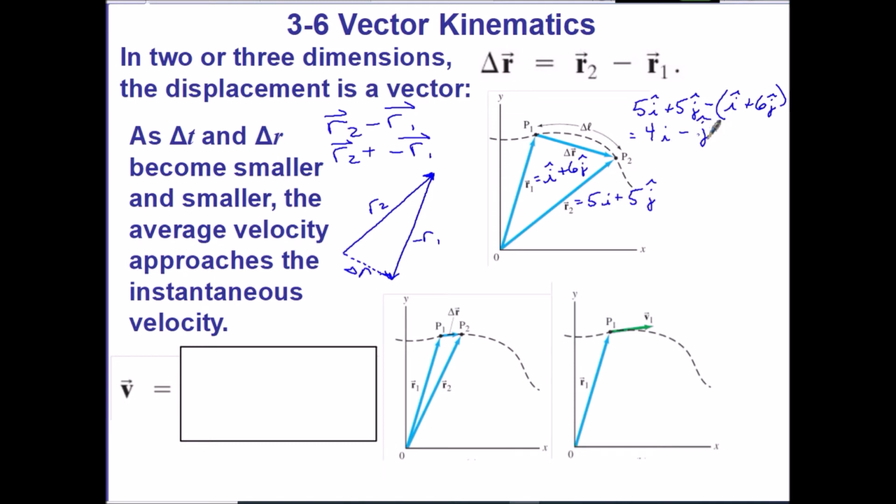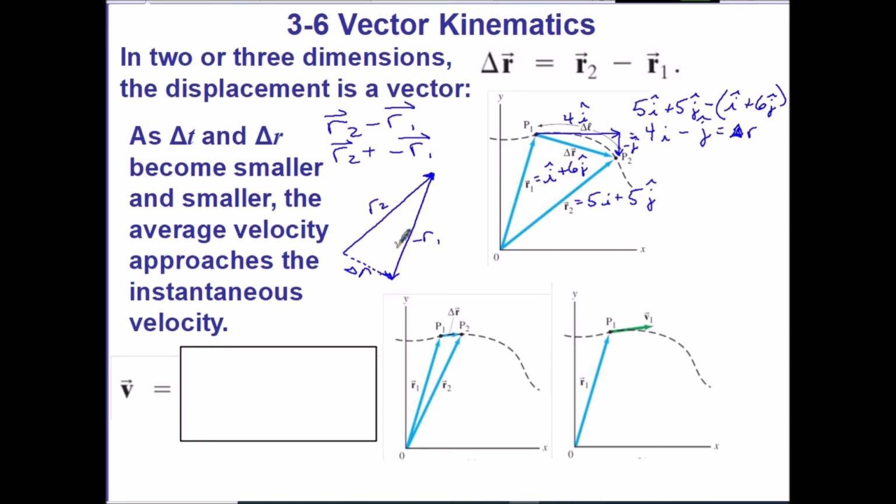So this right here represents delta R. And if you look at my diagram over here, you can think of the displacement vector as having two components, 4i and minus j. So we can easily get to that mathematically, and that's oftentimes the way that we will rely on our techniques to be able to get to that final answer. But graphically, it certainly helps to understand that here.